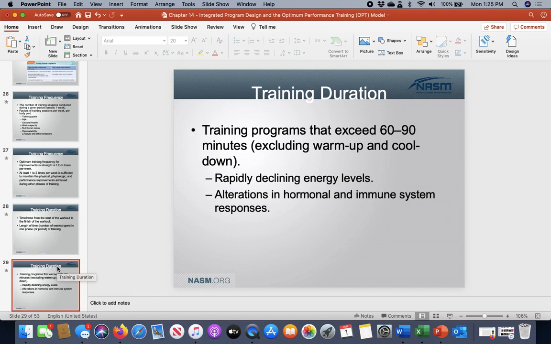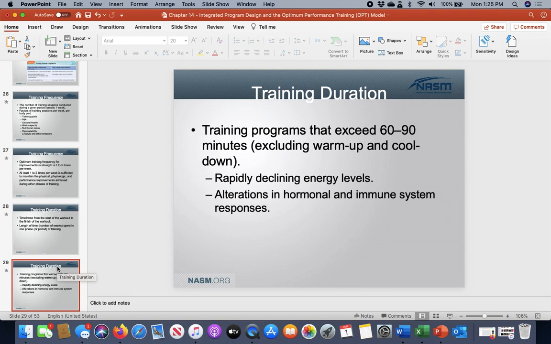So training programs that exceed 60 to 90 minutes become tricky because, if you're going 60 to 90 minutes, usually there's a reason why you're doing that, and that could mean that you are training for a particular purpose.